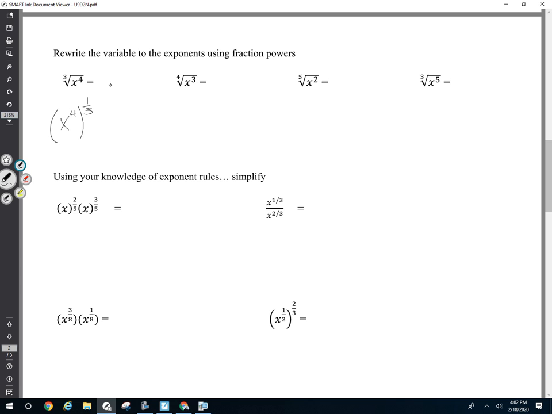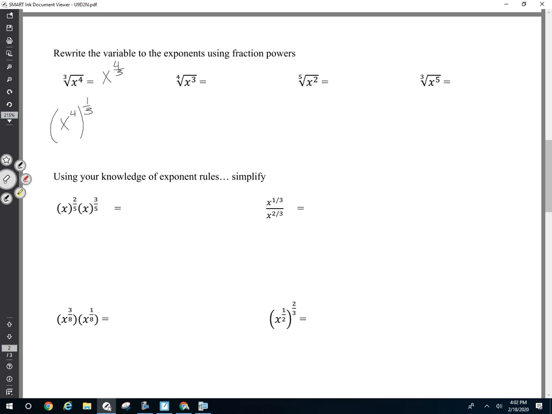This is x to the 4/3. I'm going to leave it like that, actually. I could write this as x to the 1 1/3. And I could write this as x times the cubed root of x if I wanted to. Sure, I can do that. But actually, right now, all I want you guys to be able to do is just say it's x to the 4/3.